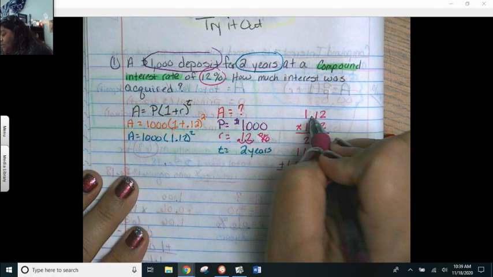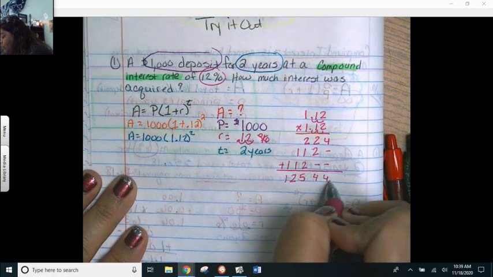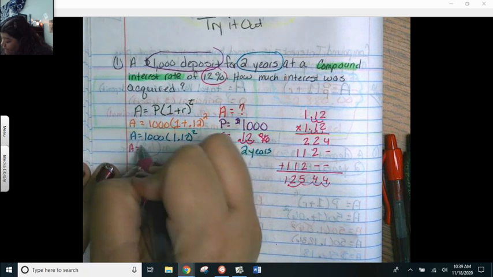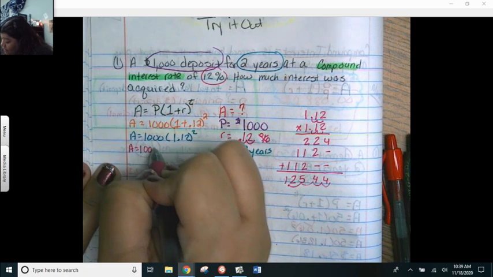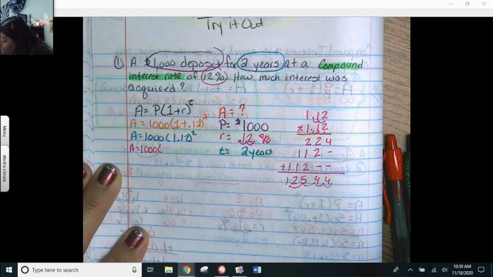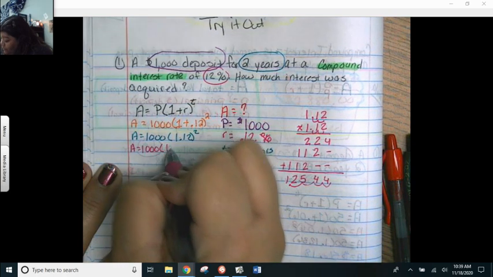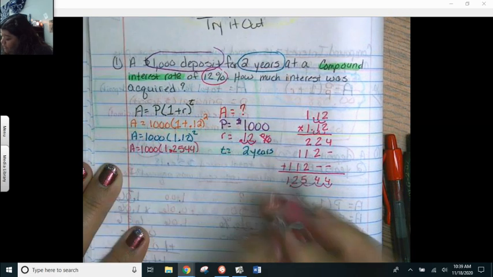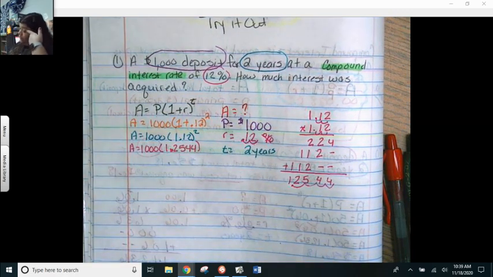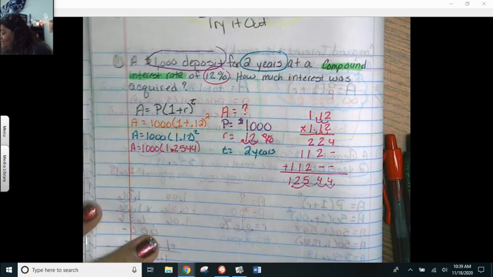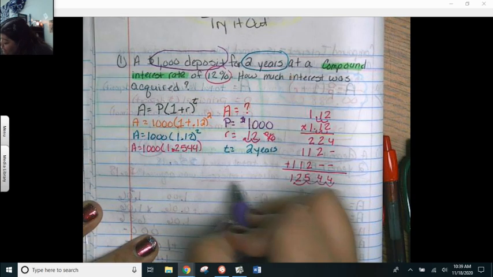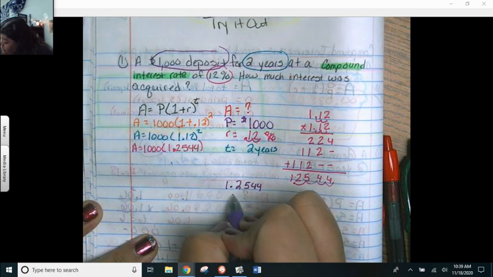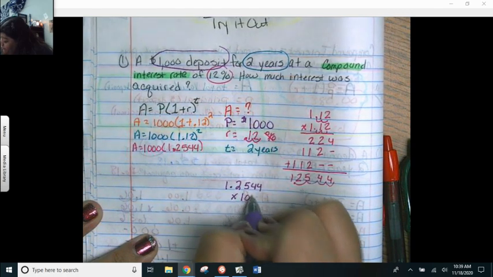And count. We have 1, 2, 3, 4. So we have A equals 1,000 times 1.2544, or 1 and 2,544 10,000s, either way you want to say it. And now we multiply that, so 1 and 2,544 10,000s times 1,000.